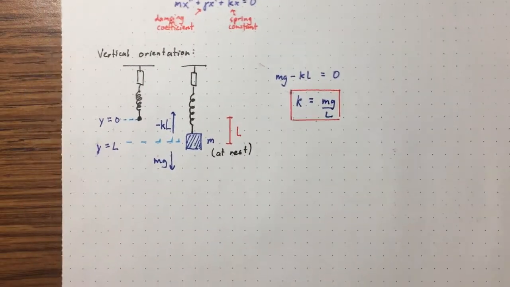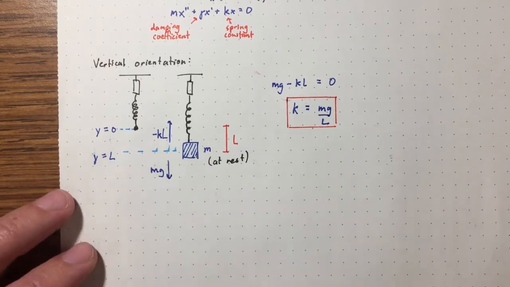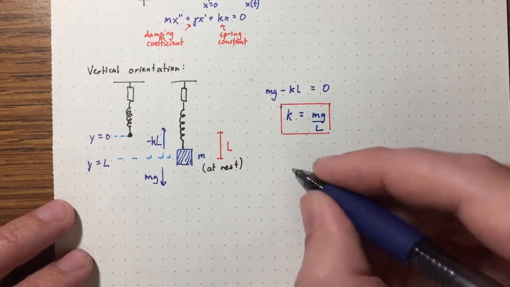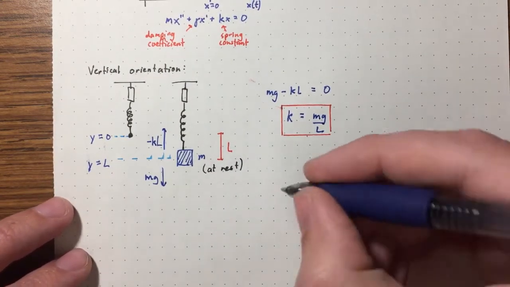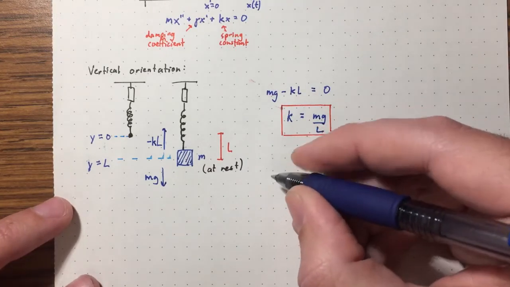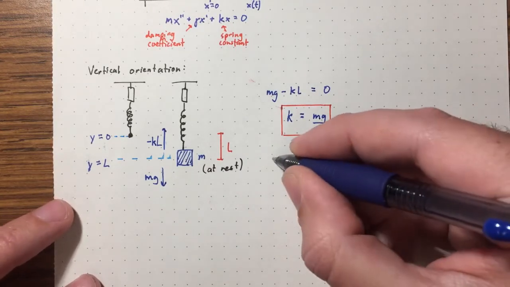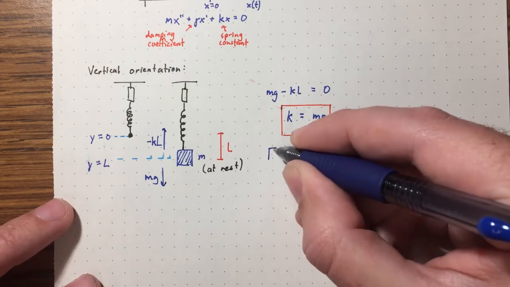But let's actually try to write down a differential equation in this case. It's going to look a little different than this, at least when I first write it down. So what do we have? What is our net force?